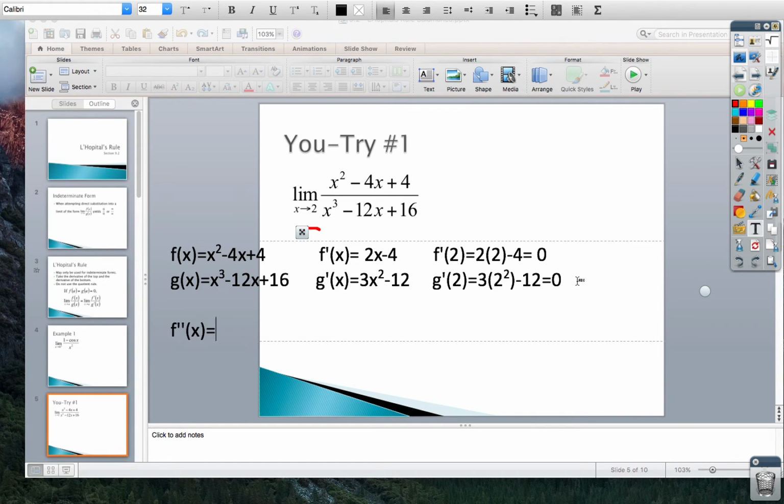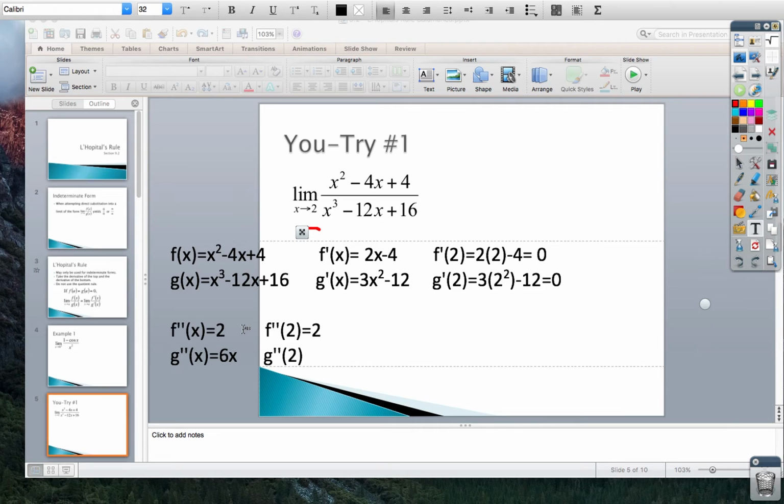So f double prime of x is actually equal to 2, because I looked at the original function and took the derivative of that. And then g double prime of x is equal to 6x. Now what we're going to do is go ahead and substitute that in. So we know that f double prime of 2 is equal to 2 because there was no variable to substitute.